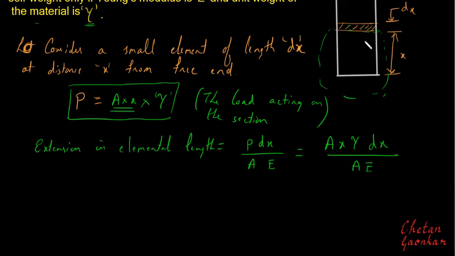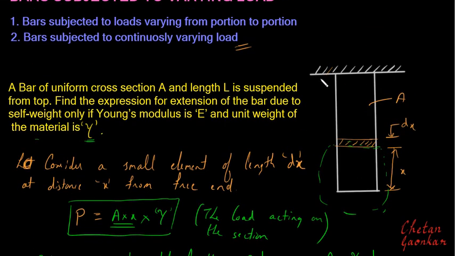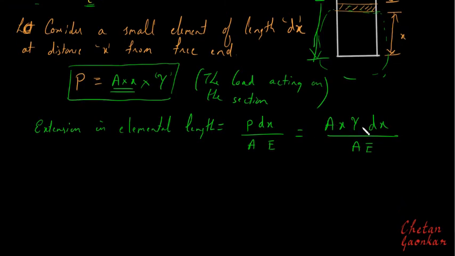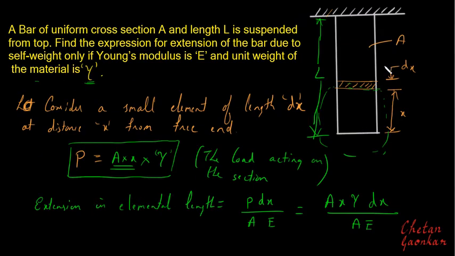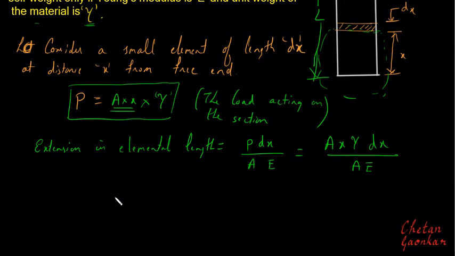If the total length of this bar is L, then to find the extension in this entire bar because of this self weight, I mean because of this load A x gamma, I will have to integrate this expression.